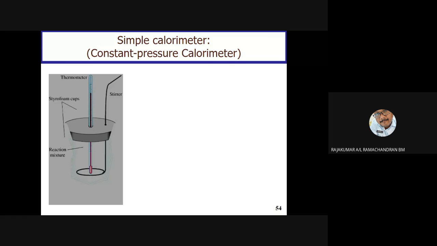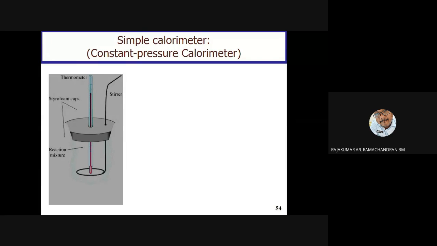So, we use a cup, styrofoam cup, and then we have a reaction mixture inside, and then thermometer and stirrer. Similar concept. So thermometer to record the temperature difference, and the cup will contain the reaction mixture. Because we are going to measure the enthalpy of neutralization, the reaction mixture refers to acid and base. And then kita ada stirrer, macam tadi, to get the heat distributed uniformly, seragamkan.